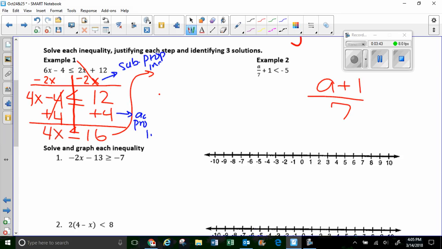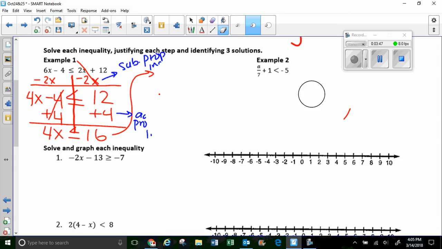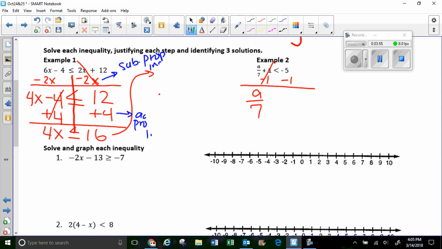I would have to multiply by 7 first. But instead, it is written a over 7 plus 1. So I can get rid of that plus 1 first, so subtract 1 on both sides, which gives me a over 7 is less than negative 6. And that, of course, is the subtraction or addition property of inequality.